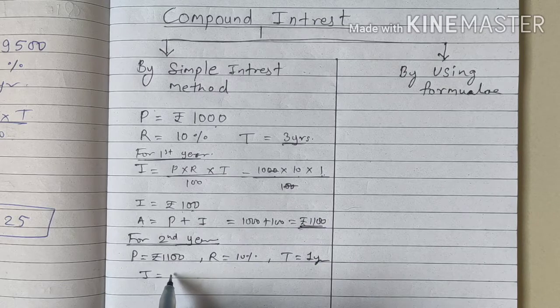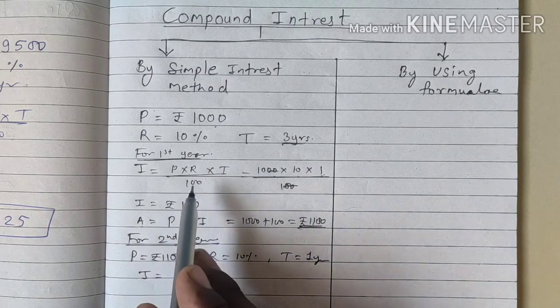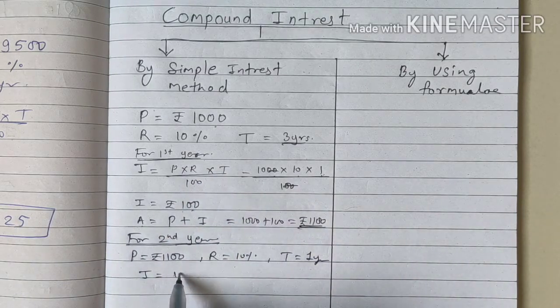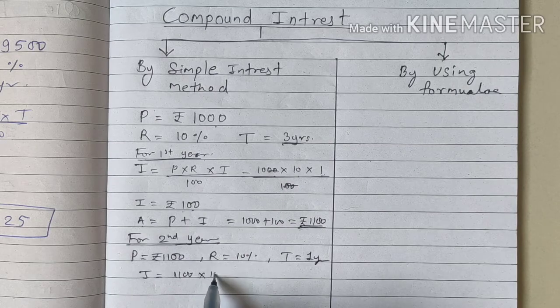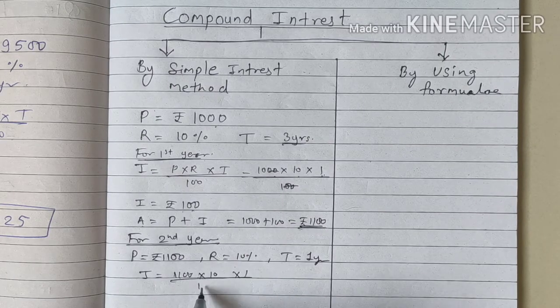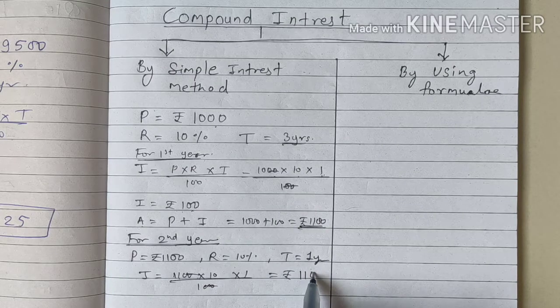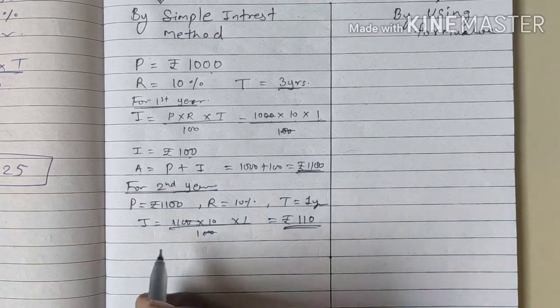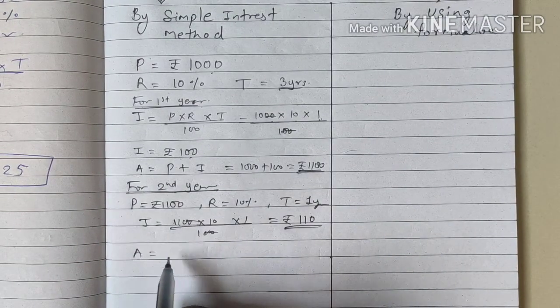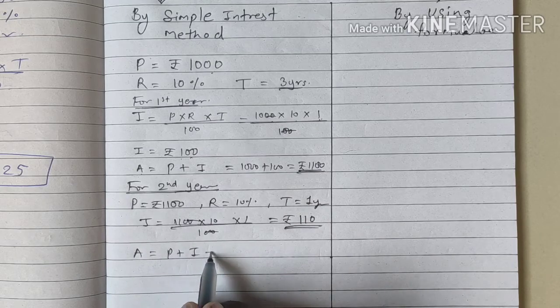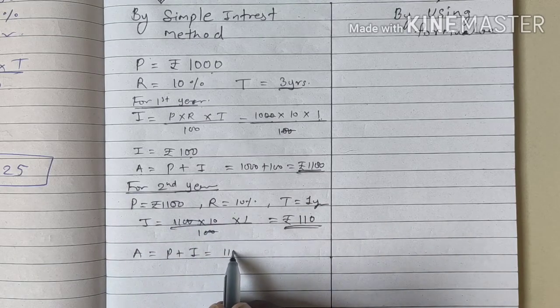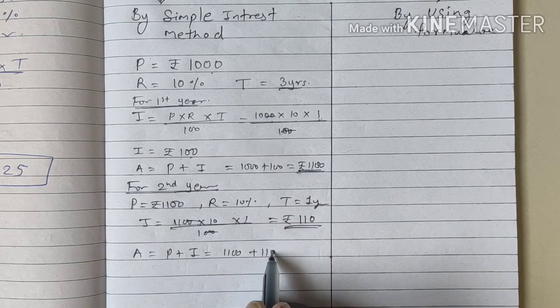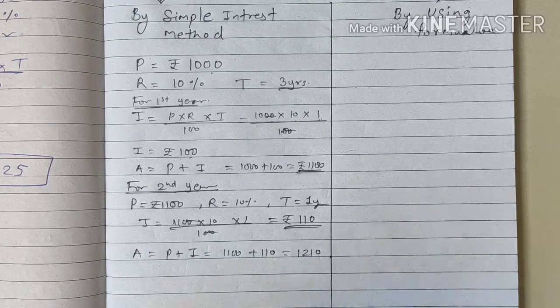The formula is the same, P into R into T upon 100; the zero cancels and the interest is 110. The amount is principal plus interest, 1100 plus 110, which becomes 1210, correct?